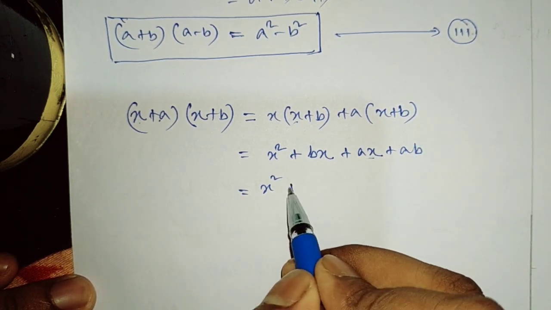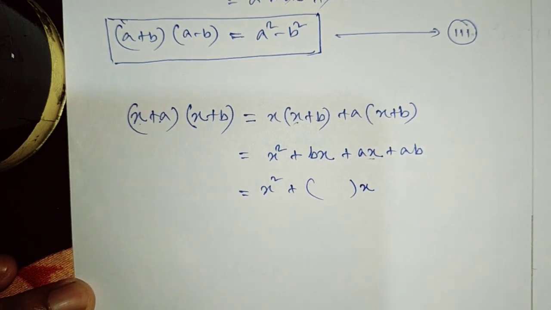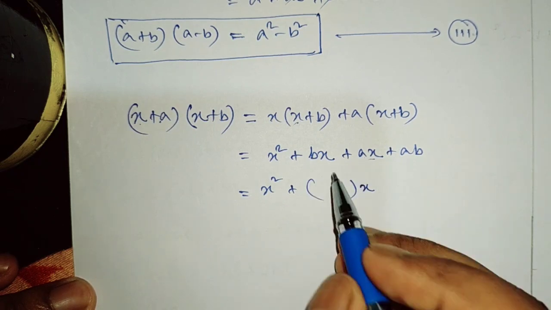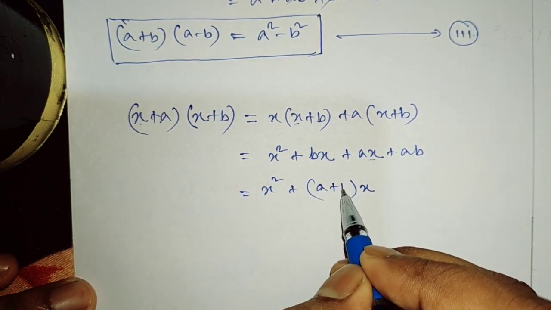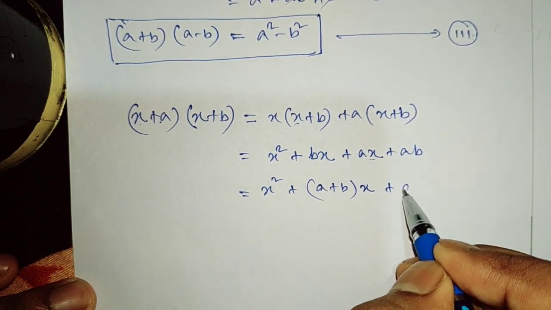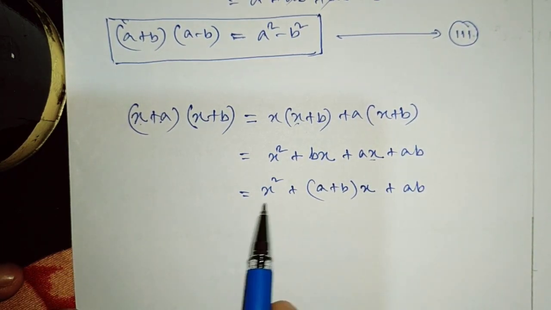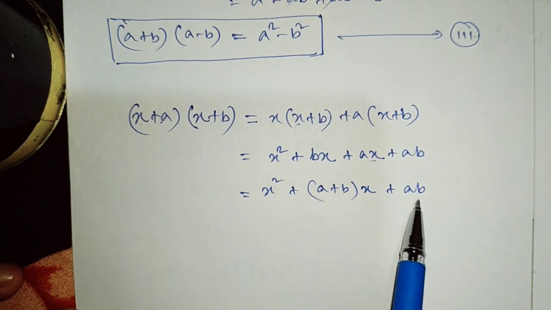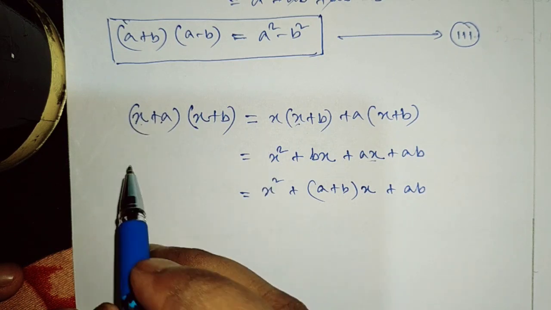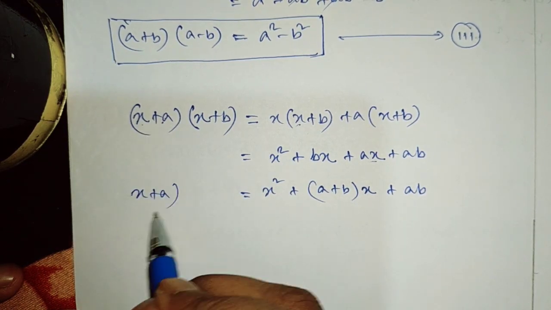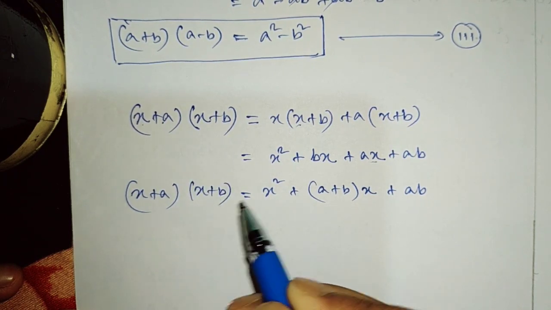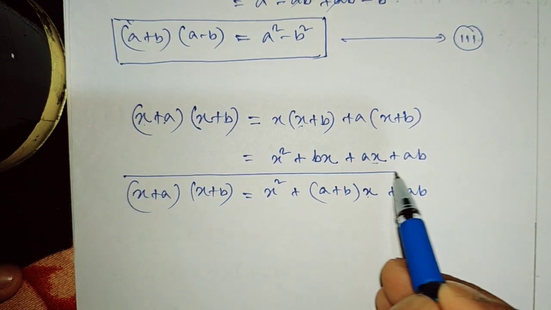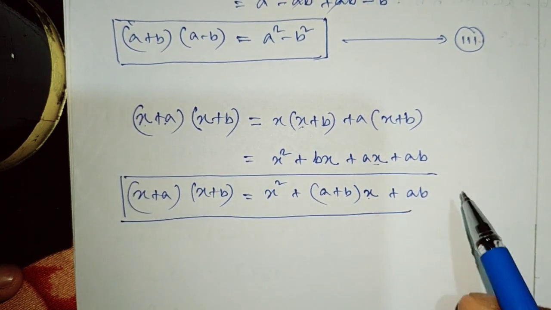So we can take x common out of these two terms, and what we are left with is b plus a, that is the same as a plus b, plus ab. So this is our identity: x square plus a plus b into x plus ab. So x plus a into x plus b will be x square plus a plus b into x plus ab. This is the general form of this identity.